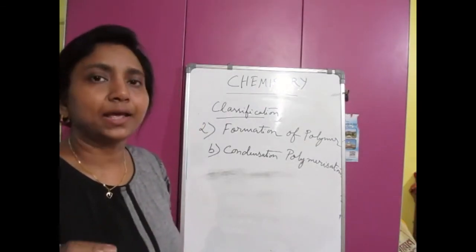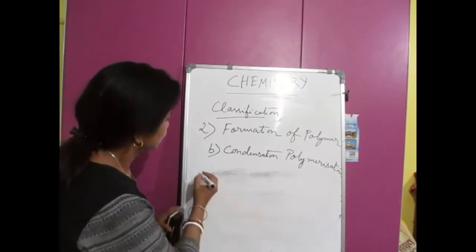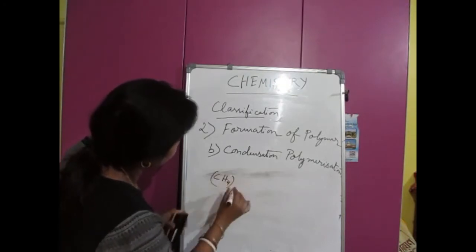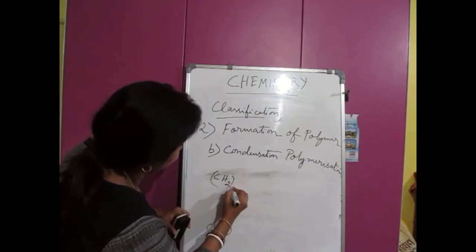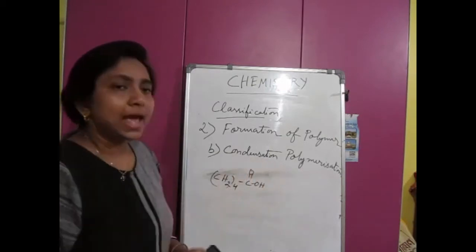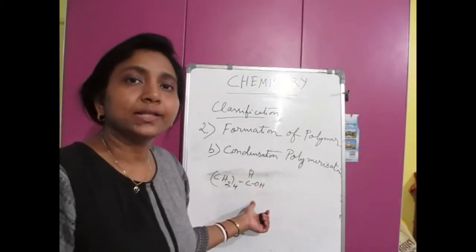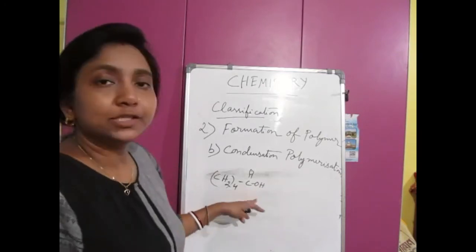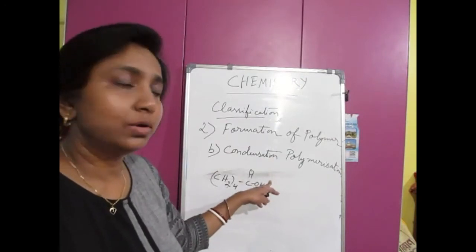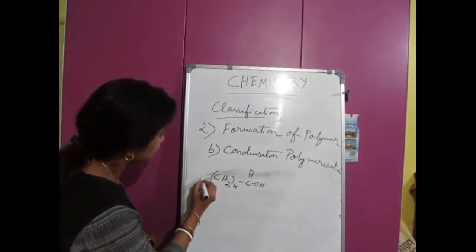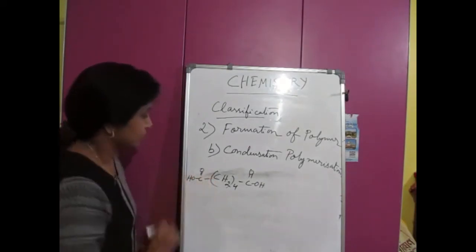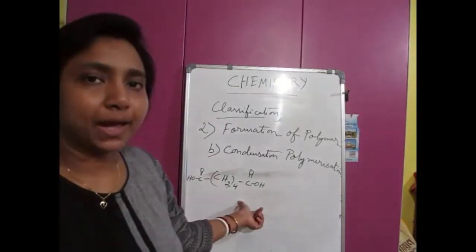Adipic acid and hexamethylene diamine. Acid means it will always have the carboxylic group. So there are two carboxylic groups, COOH, CH2 whole 4, then COOH, that is the adipic acid.